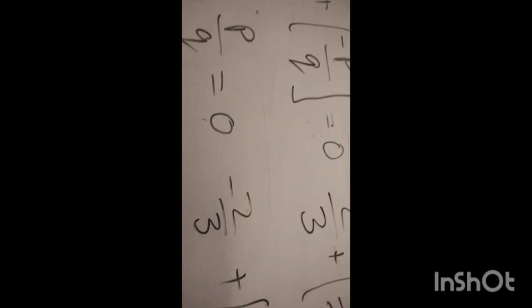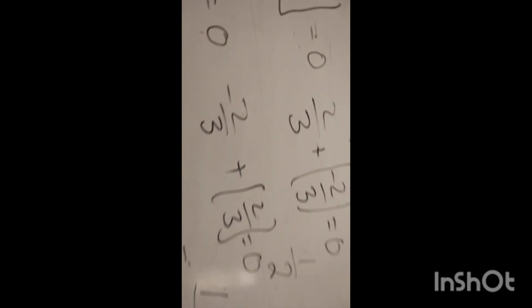Or -2/3 will have 2/3 as its inverse. Additive inverse is the number which gives us 0 as the result on adding them.